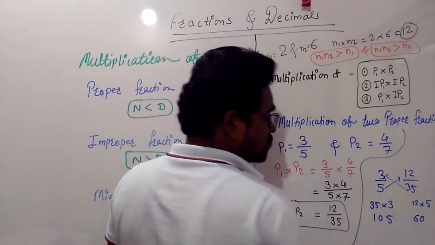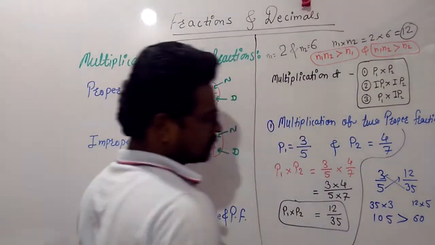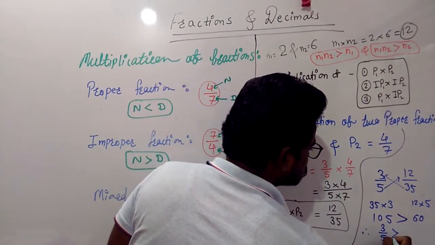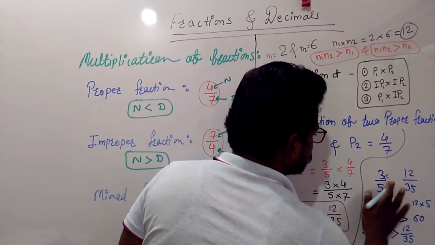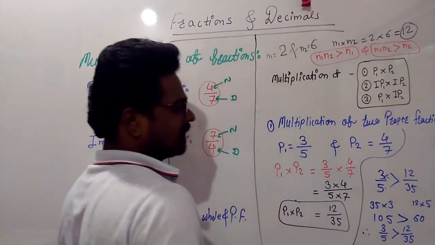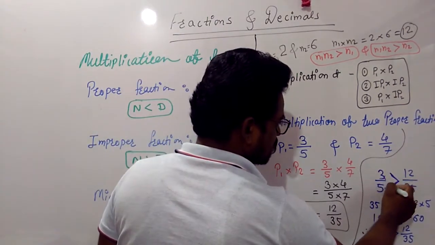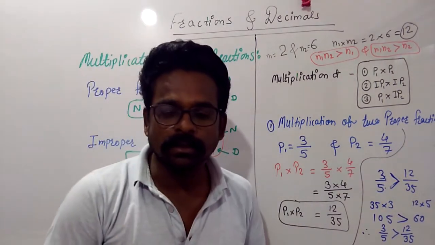Which one is larger? 105 is larger or 60 is larger? 105 is larger. Therefore, we can write that 3 by 5 is greater than 12 by 35. So that will be our conclusion.